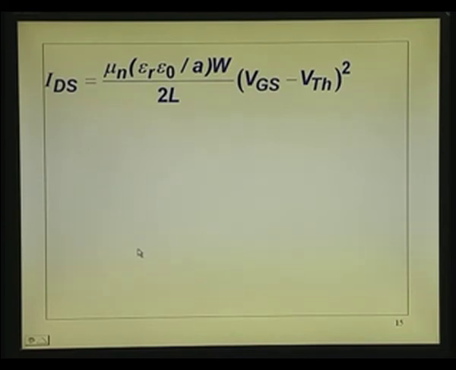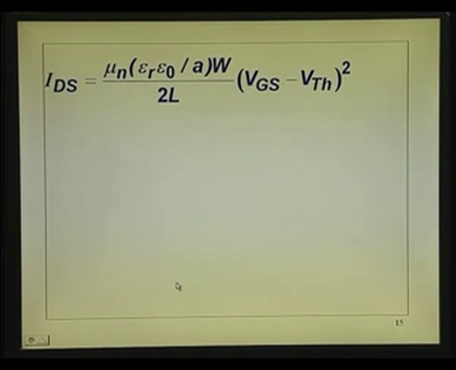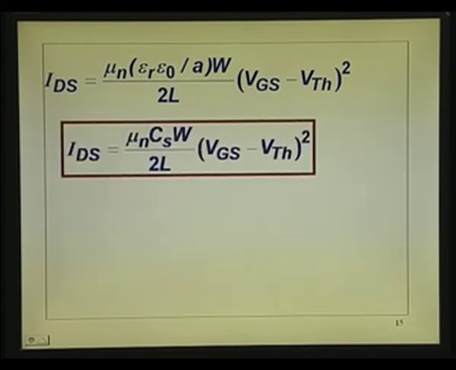So that is mu_n into this quantity. If I look back, you will see that this is the same equation. After cancelling out all these terms, you are left with only mu_n into epsilon_r epsilon 0 by A into W by 2L. What is this equation? The very familiar equation of the MOSFET, mu C_ox W by 2L, (V_GS minus V_T) whole square.